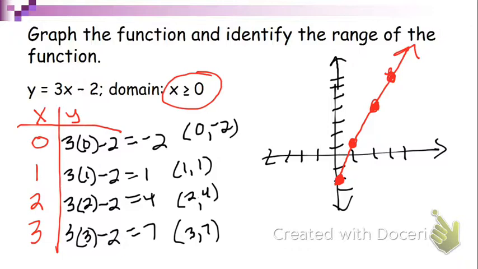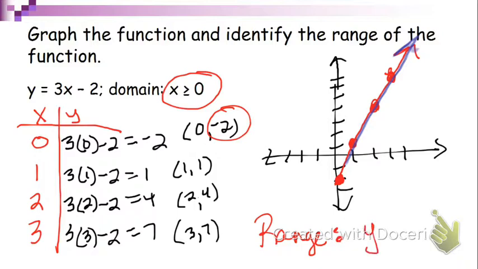That means all of our y values are going to be following this line. So notice y started at -2, so that means our range, our y, and notice all these other values got larger than -2, so y is going to be greater than or equal to -2.